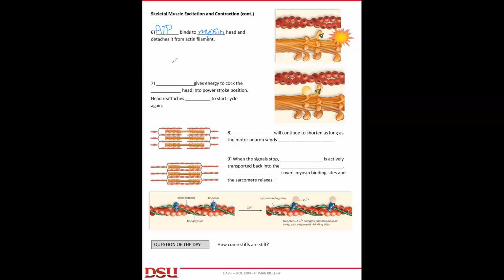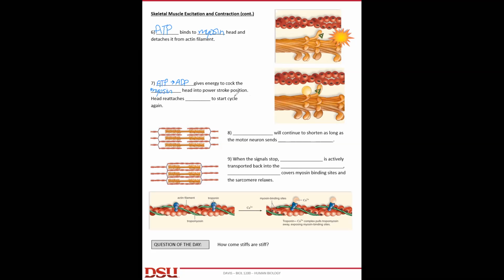Okay, so ATP becomes ADP because it's a phosphate that's going to do this. So ATP becomes our ADP, and that gives it the energy to cock the myosin head back into this power stroke position.